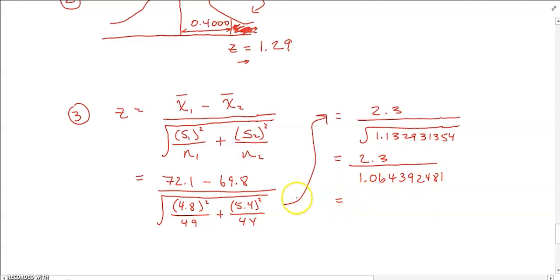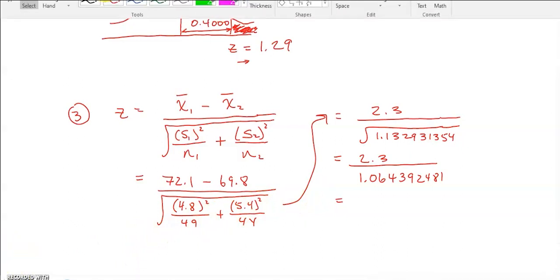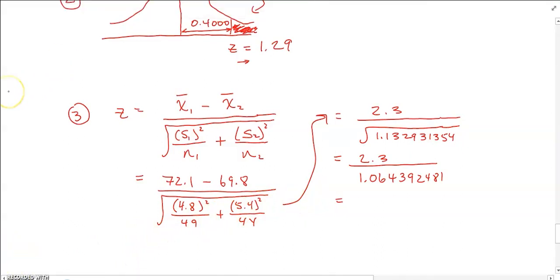This then gives us a final value of 2.16, and that rounds to 2.16 for 2 decimal places.